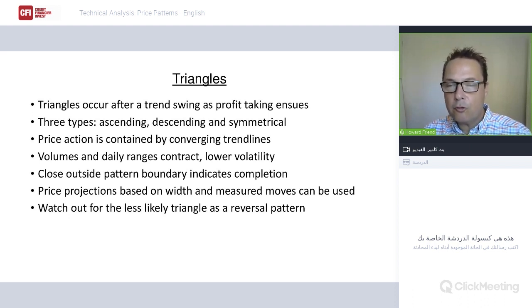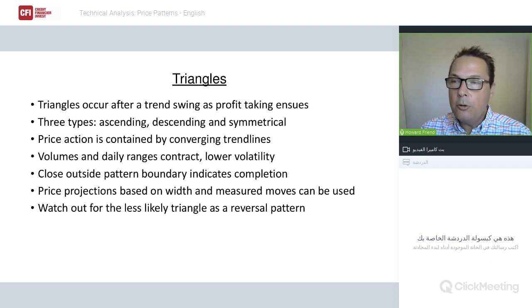So triangles can be good locations to maybe go for an option buying strategy like a straddle, buying calls and puts, because volatility comes down, and eventually once the pattern breaks, then you'll typically get an explosion in volatility, most likely in the direction of the breakout.